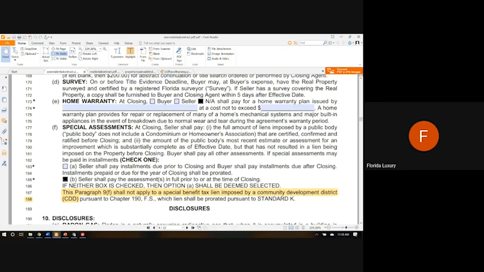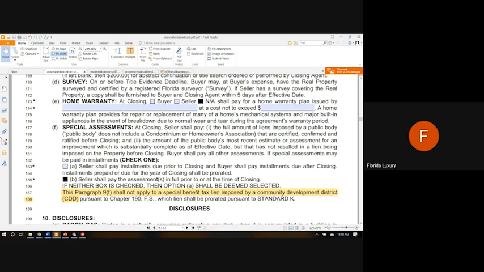But that would have completely ruined my buyer's ability to buy this house. Their financing was so razor thin that an extra $2,500 a year on their taxes, that's another $200 a month in their payment, would have completely ruined the deal. So because I checked B, the seller pays the assessment in full, the seller actually had to stroke a check for the full 10 grand at closing to pay off that road assessment.